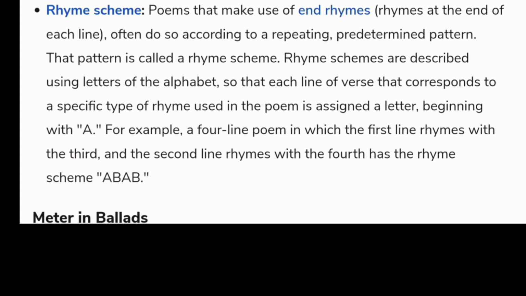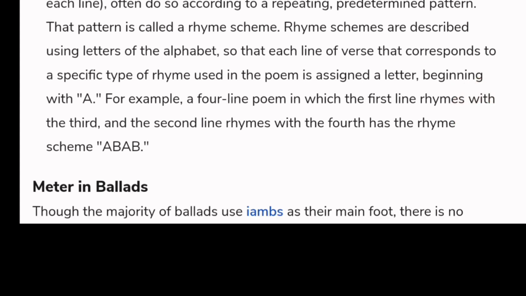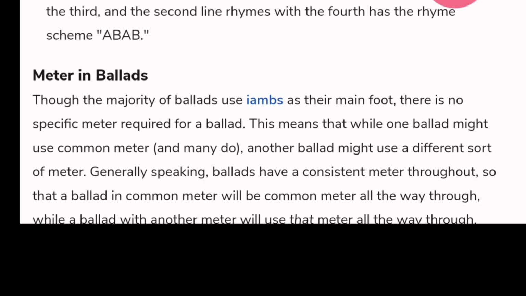Rhyme schemes are described using letters of the alphabet, so that each line of verse that corresponds to a specific type of rhyme used in the poem is assigned a letter, beginning with A. For example, a four-line poem in which the first line rhymes with the third and the second line rhymes with the fourth has the rhyme scheme ABAB.